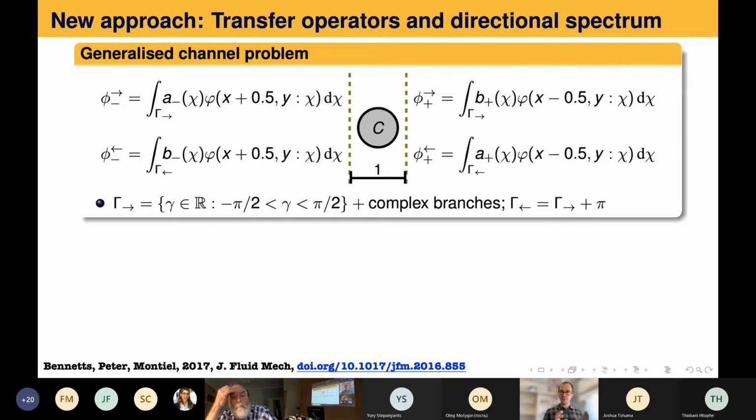And then I'm decomposing the wave fields on both sides of the channel into the rightward and leftward traveling components of the wave field, and just expressing those as integrals, where the integration contours gamma also have complex branches, which means that we're also considering decaying waves.